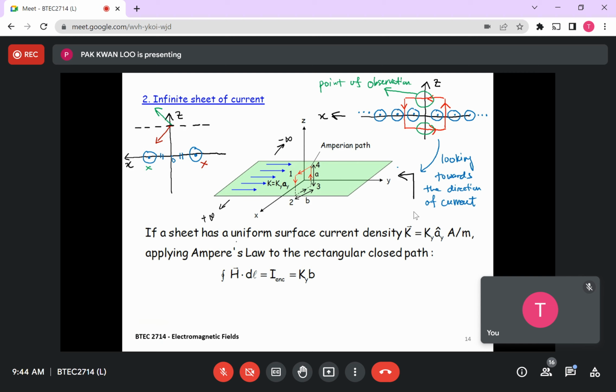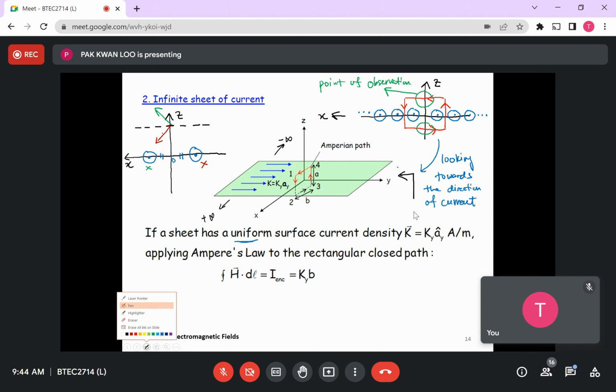So this is uniform. So this is the same magnetic field magnitude, but different direction.